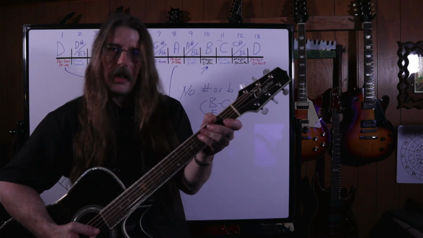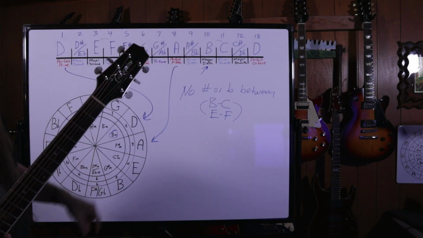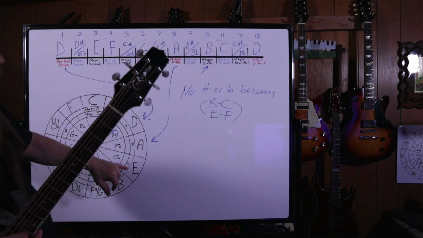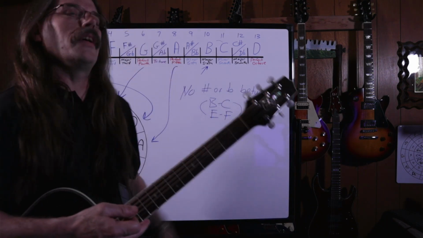For the final example on the guitar, we're going to jump to the key of E. That's going to be utilizing the chords E, A, and B. Now see if you might recognize this.